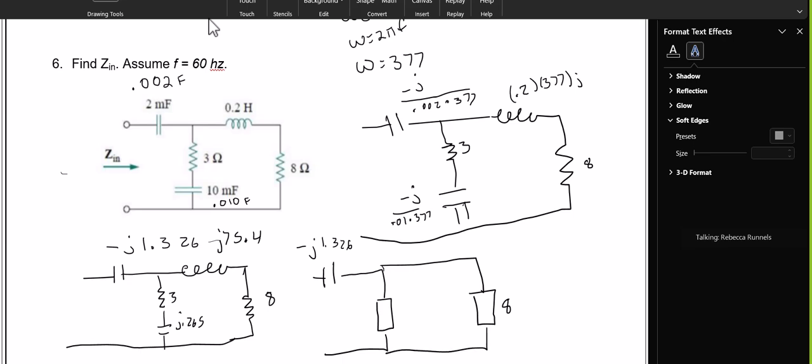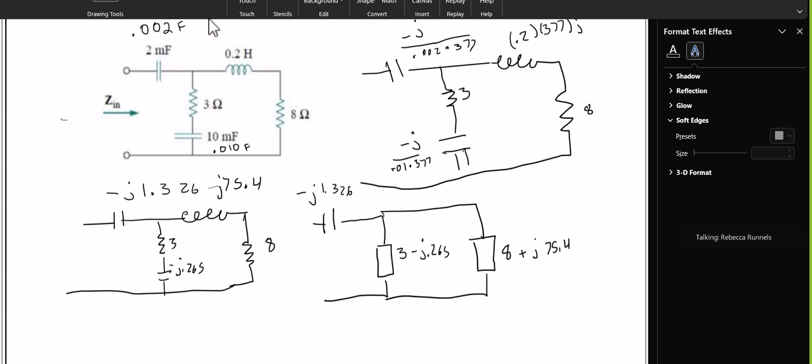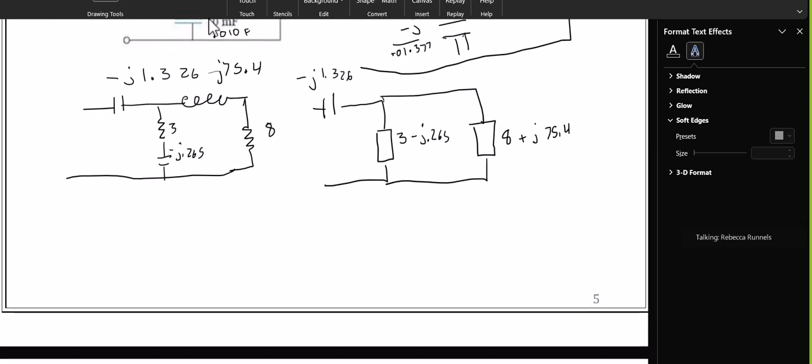This one is 8 plus J 75.4, and this one is 3 minus J 0.265.